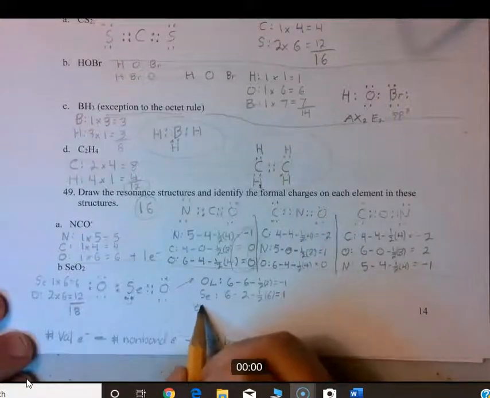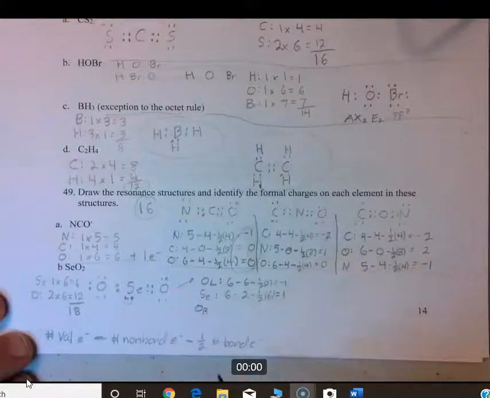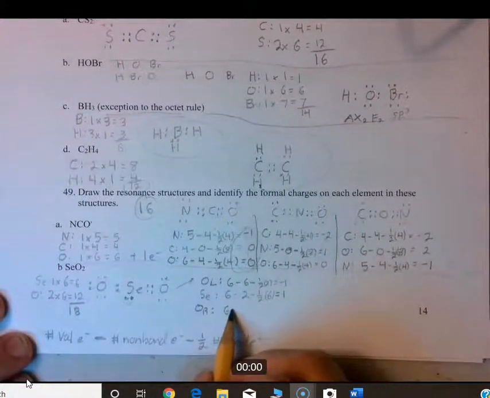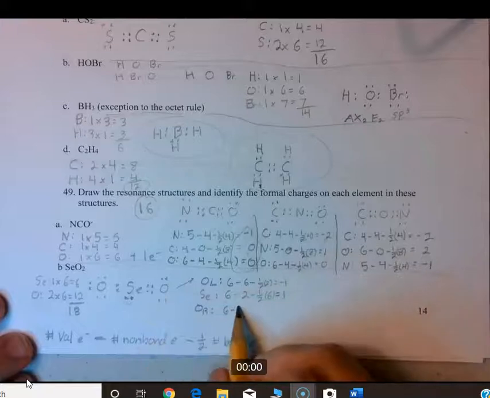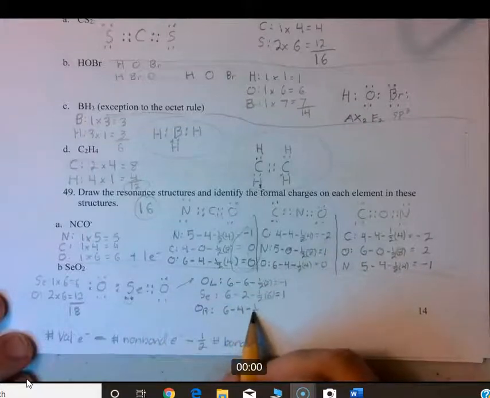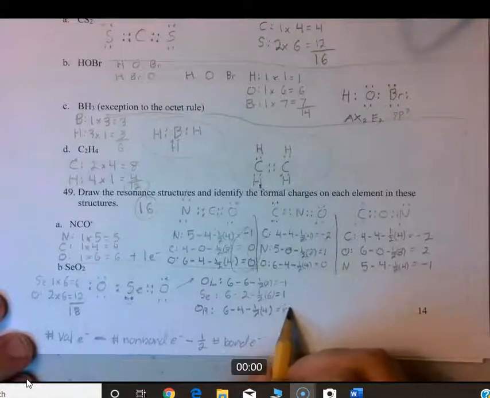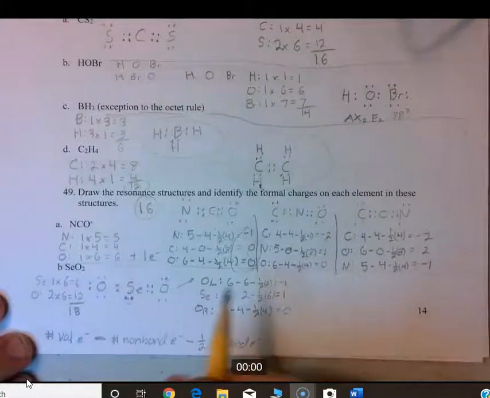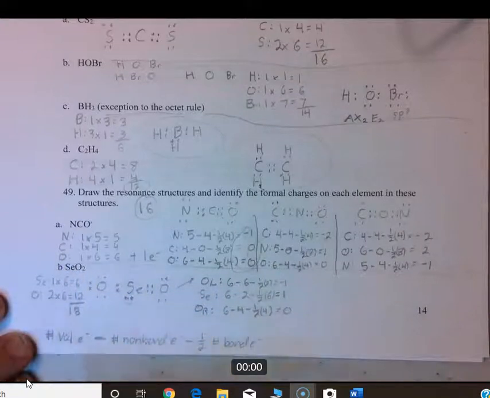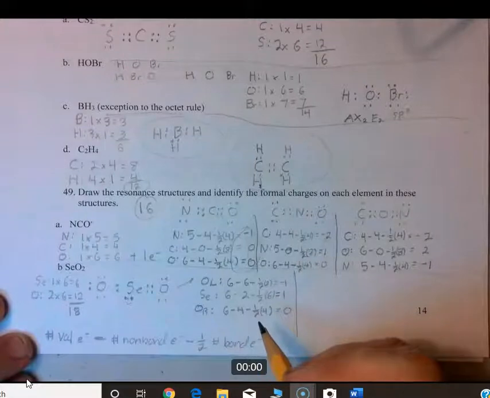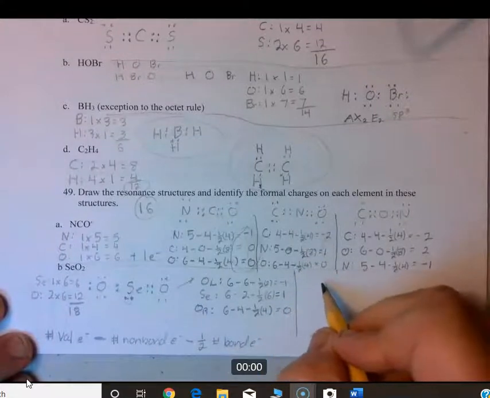And then we have the O on the right, and that's going to give us 6 minus 4 minus half of 4. And that's going to equal 0. So -1, +1, 0 adds up to 0. There's no charge on this, so that should happen. Let's go on to the next one. Let's try putting one of the oxygens in the middle.